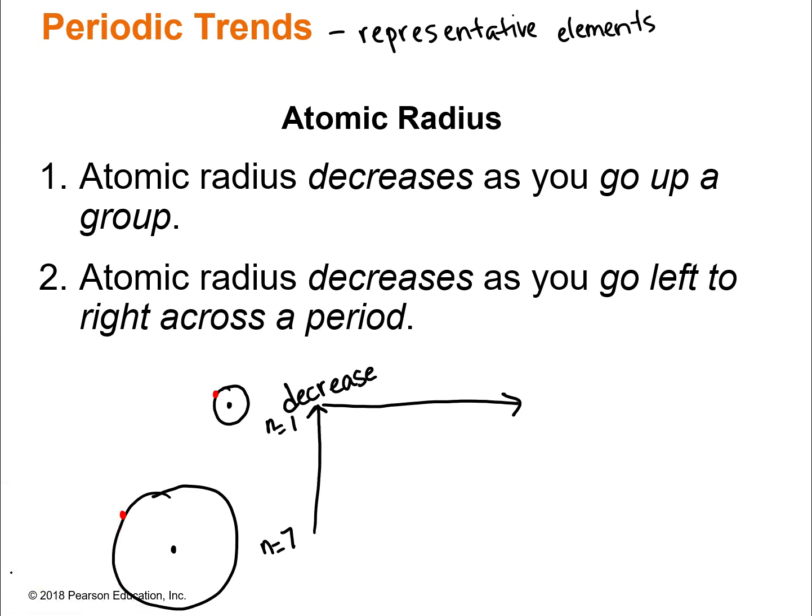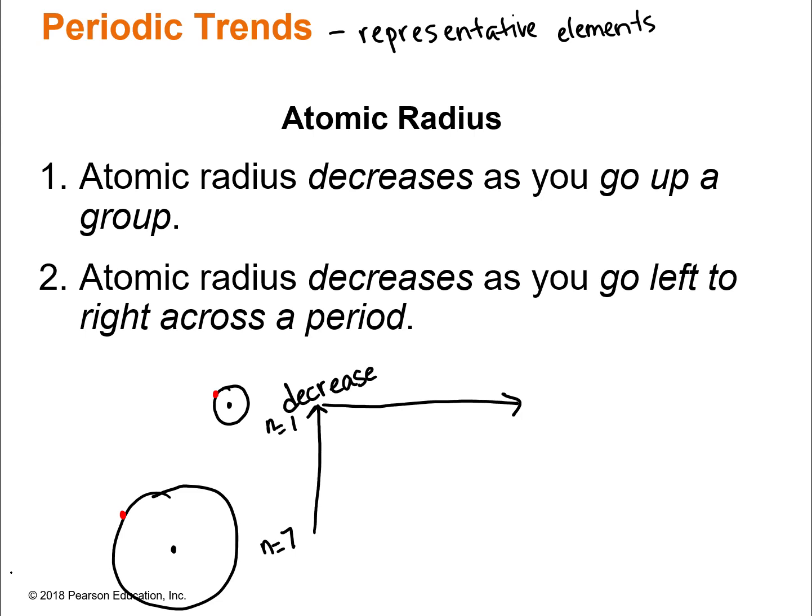But as you go across an energy level, you're not increasing the number of energy levels, you're just adding protons and electrons. So those protons are going to hold on to the electrons much more tightly and make your atomic radius smaller.